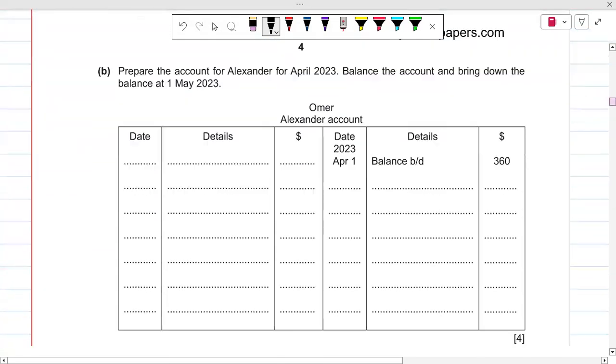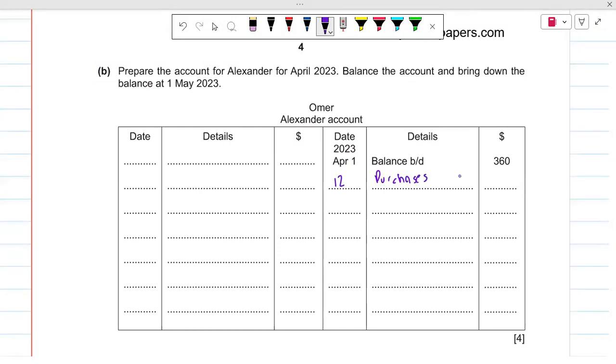So on 12 April, purchases happened for $340, and on 28 April, we again purchased goods from Alexander on credit basis for $235.